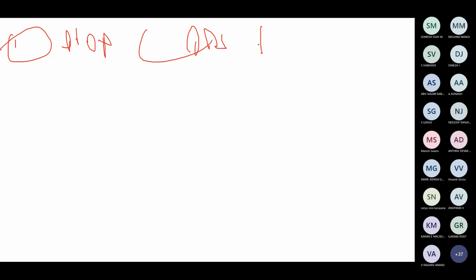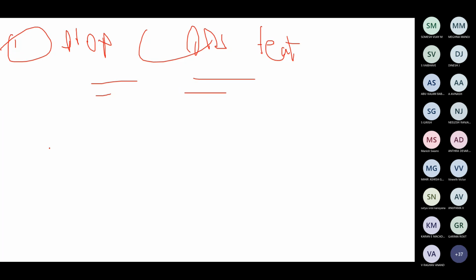The first methodology we are going to adopt in feature selection is dropping constant features.